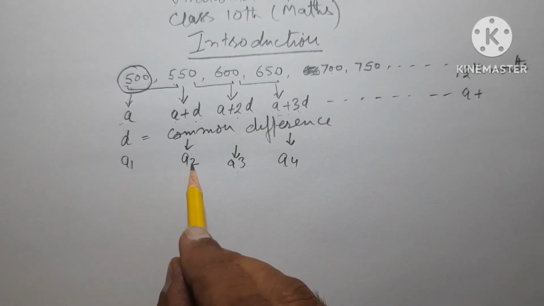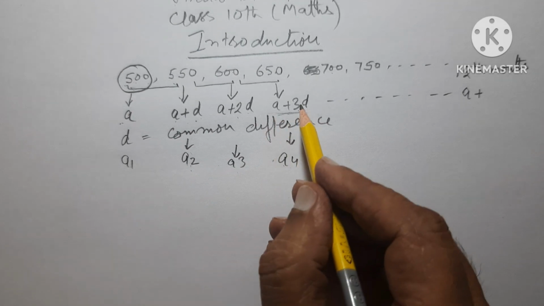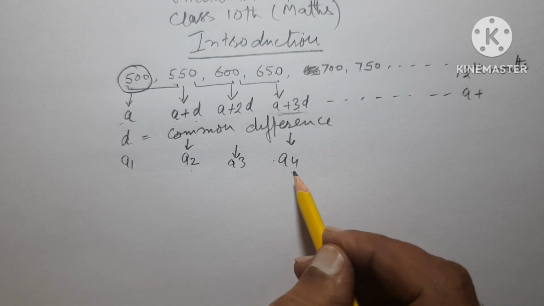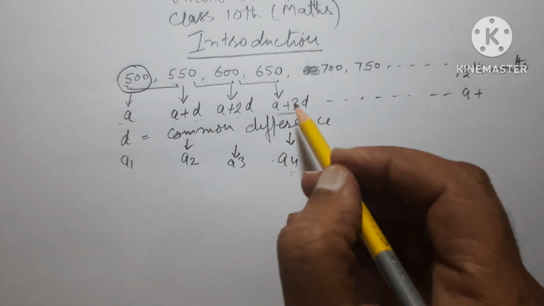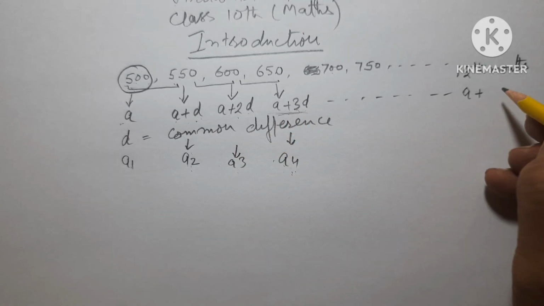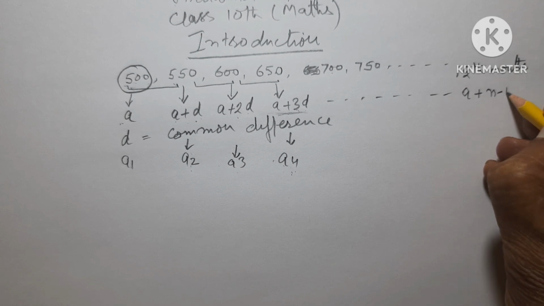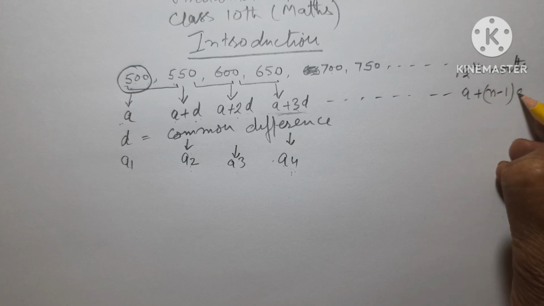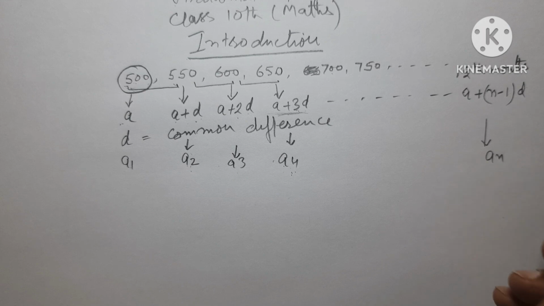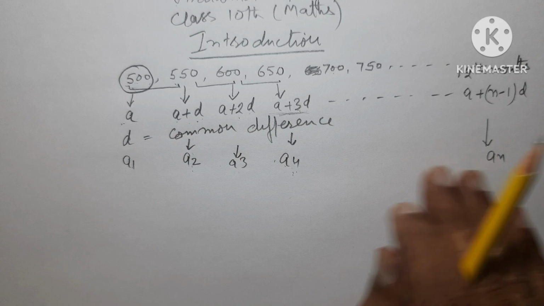That means it is 1 less than the number of the term. The number of the term is 4, but here we are writing 3. So if you generalize, you will get A plus n minus 1 into D. Suppose this is the nth term. It is a generalization of this sequence, this series.